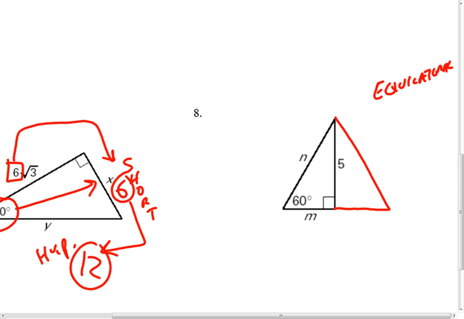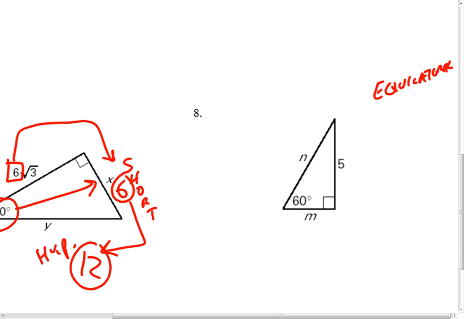So if it's equilateral, you know that that's M, and you know that that's M, but you also know that this entire length originally was N. So what is this? Well, it looks like it's half of N, and it is. That's why we take this and divide it in 2 to find the short side. So if you're ever lost, draw on an equilateral triangle just to figure out where everything is coming from.